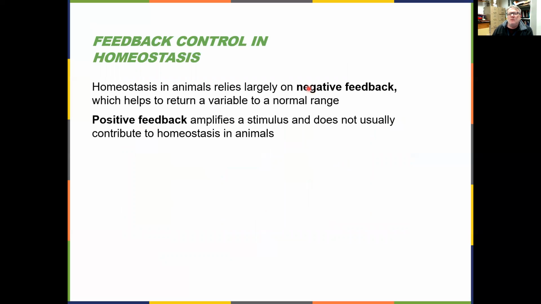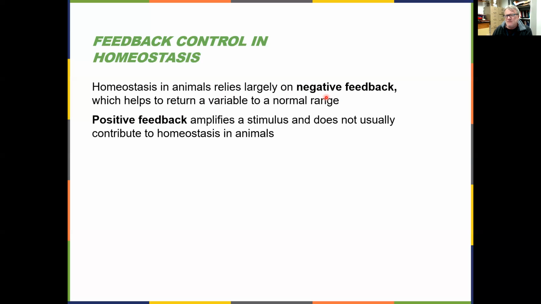What we just saw is what's called negative feedback. And if there's negative feedback, there's probably going to be an opposite of that. Sure enough, that's called positive feedback. But the vast majority of homeostasis is going to rely on negative feedback.